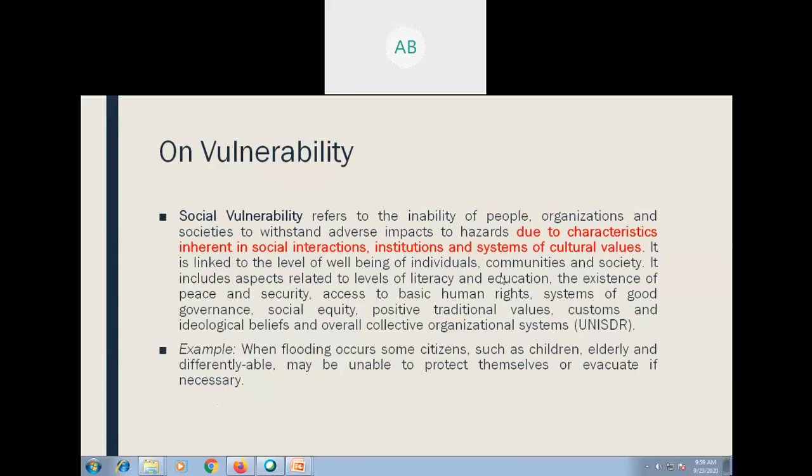These will come across as your tools of survival only if you have a level of awareness. Okay, so your level of awareness, your level of education, your level of literacy, everything can contribute to how vulnerable you put yourself during the time of a disaster.